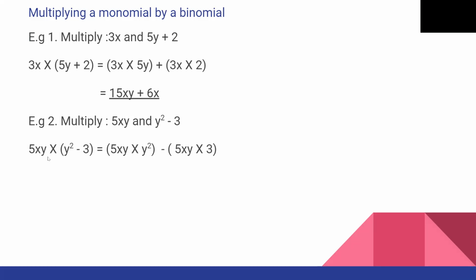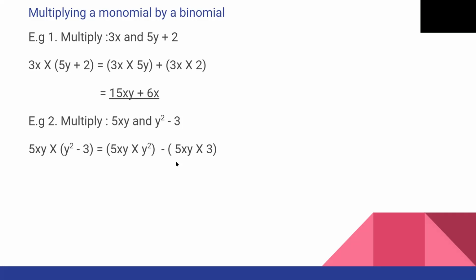Now what we have to do? With the monomial, first we multiply the first term in the bracket, then we multiply the second term in the bracket. So I have written each term in symbol bracket. Starting 5xy multiplied by the first term y square. Here the middle minus sign is given, so I have put the minus sign.